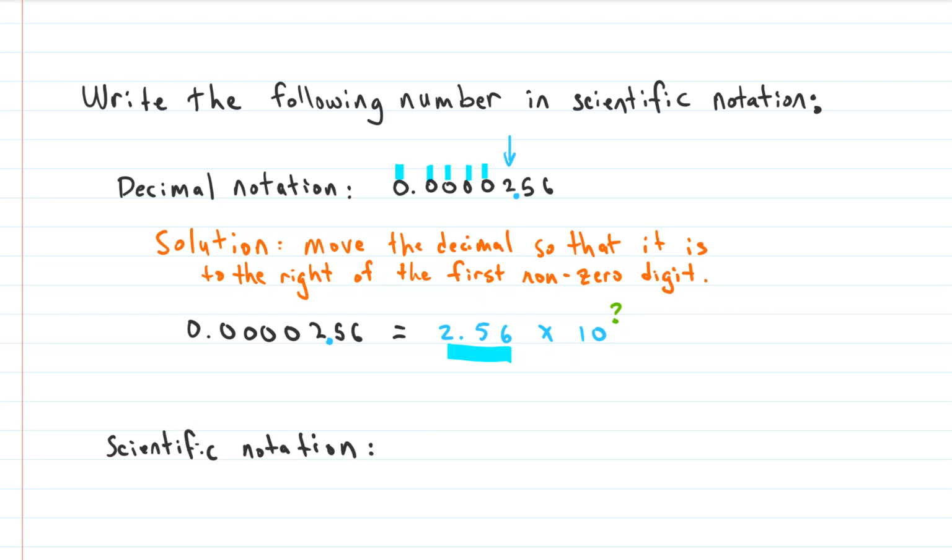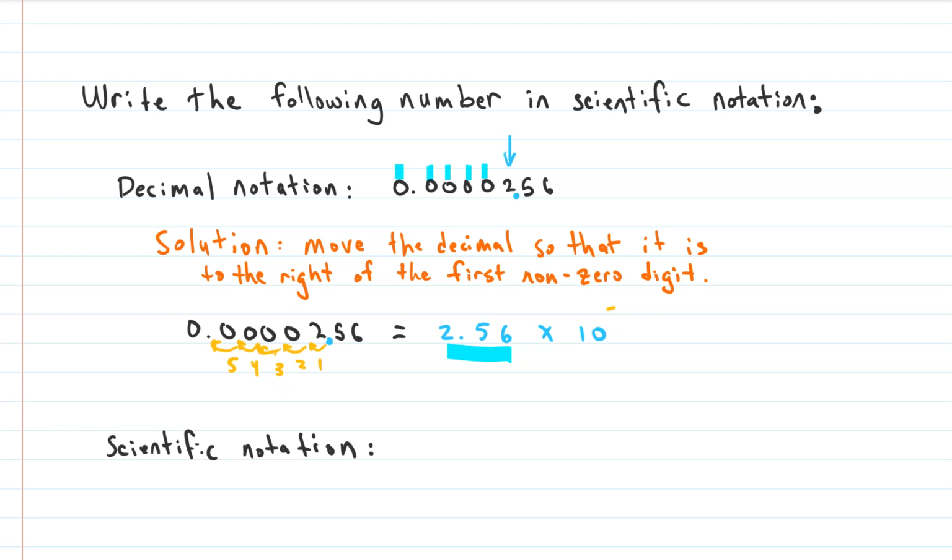If we write the decimal right after the 2, how many times do we have to move the decimal to the left to get it back to where it was originally? Let's count. 1, 2, 3, 4, 5. So we'd have to move it 5 times to the left to be where it was originally.